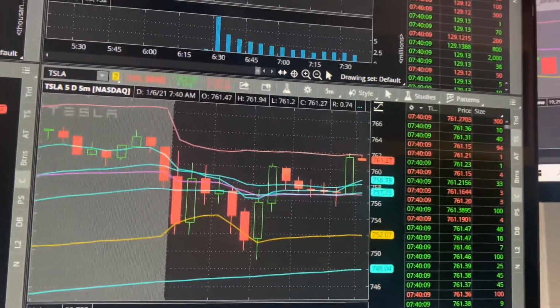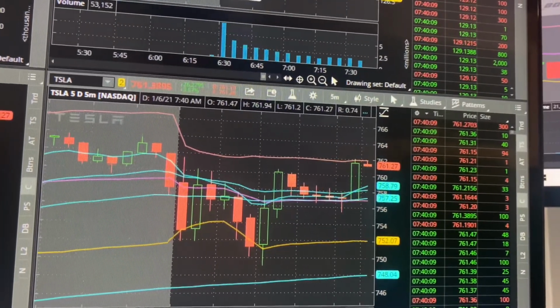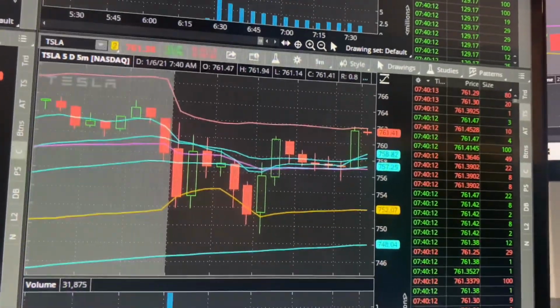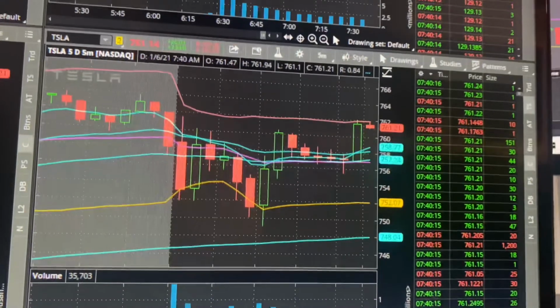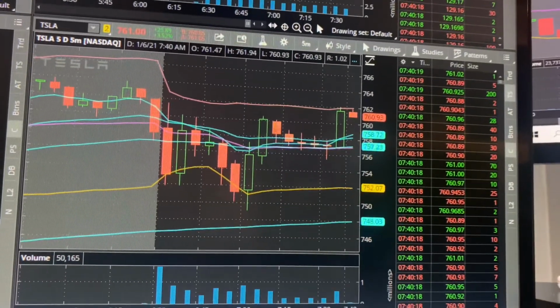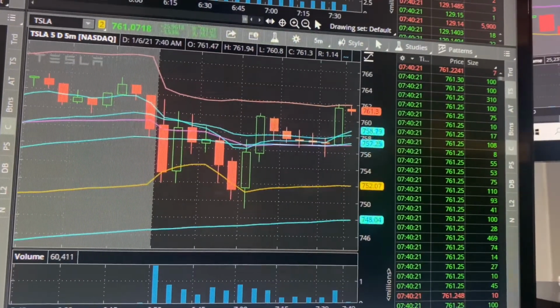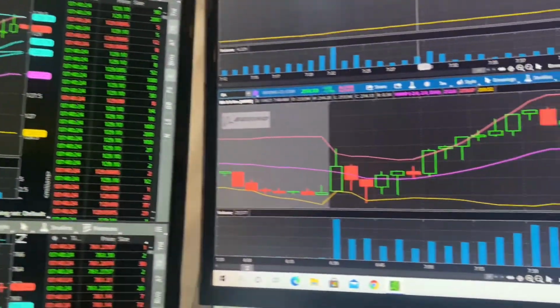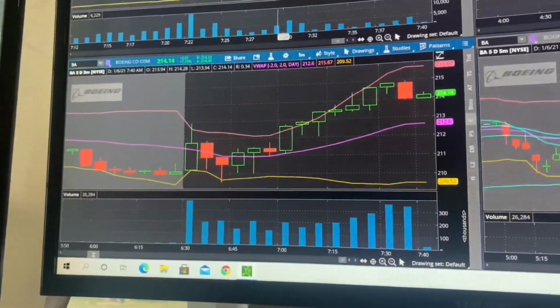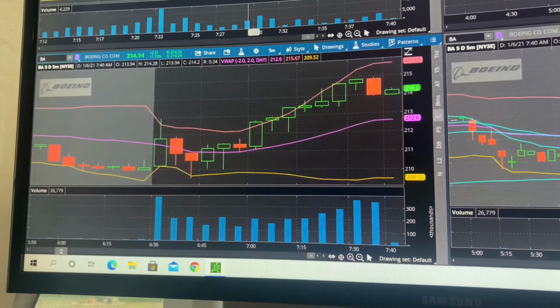I was in it this morning and I got out because it jumped, and then it didn't beat the middle points on my end when I got in. But look at that, see? Respecting the lines. So you alone can just look at this setup and see how each stock moves, whatever stock you're investing in.